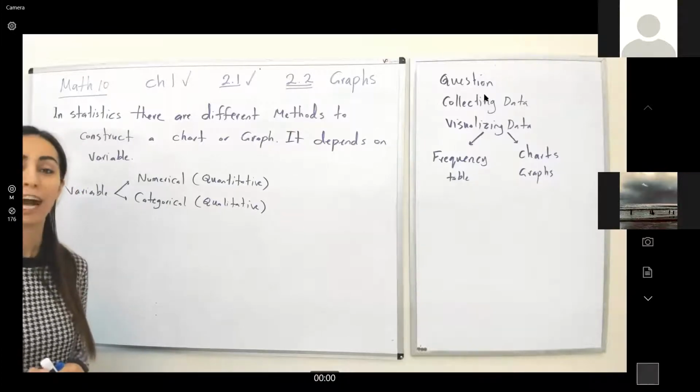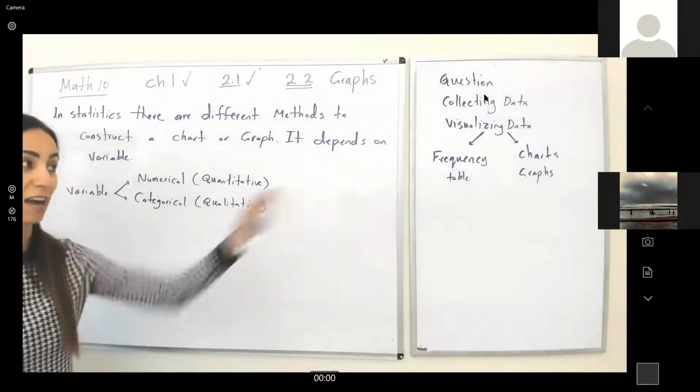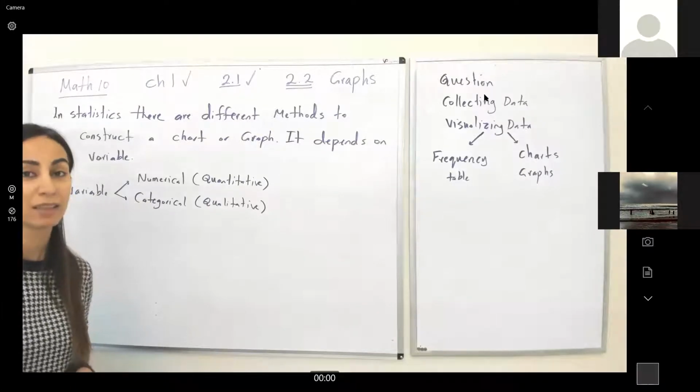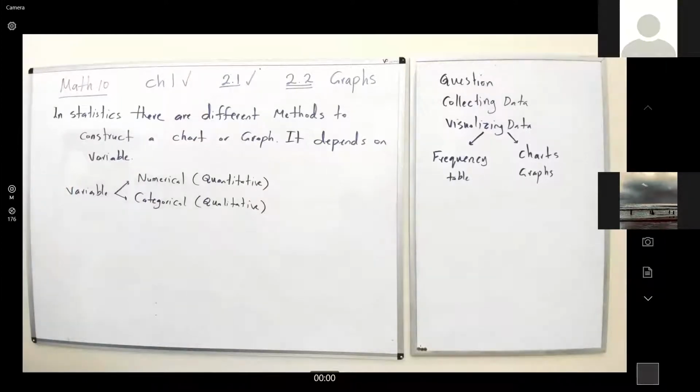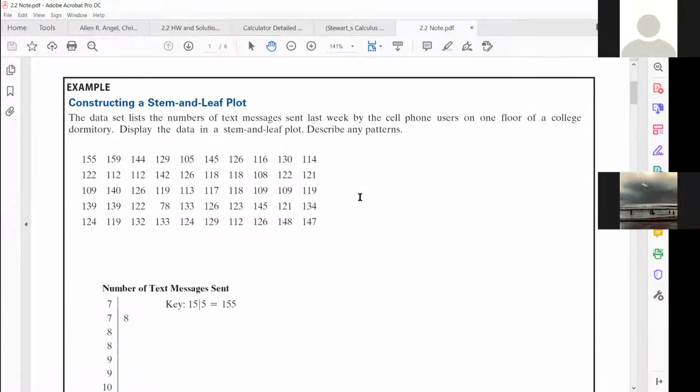Very well. Our very first method of visualization after a frequency table is using stem and leaf plot. I'm sharing my screen with you to go over the very first example in 2.2. Our goal is to construct a stem and leaf plot.